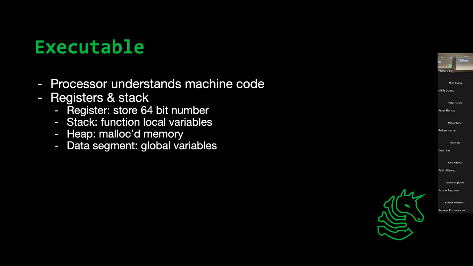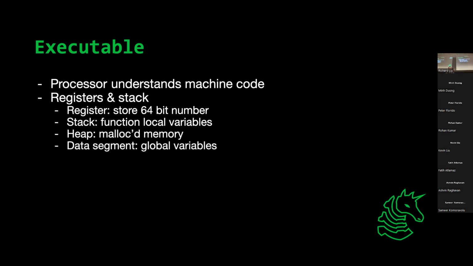And there are different parts of an executable that interact with the registers and the stack. There are several registers on the x86 system, and each one stores a 64-bit number. Those can also be addresses that get dereferenced. And then there's also a stack as well as a heap. If you don't understand what these words are, don't worry. They'll make a lot more sense later on once we actually get to the GDB demo as well as the Ghidra demo, where we show you how these parts interact.